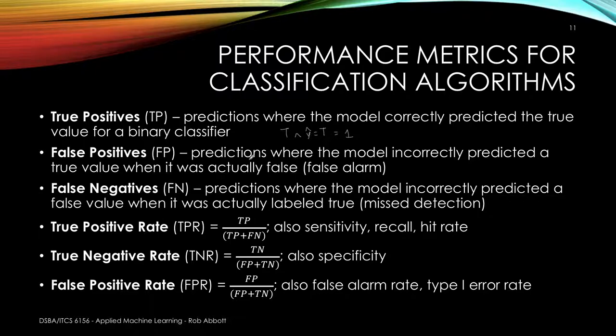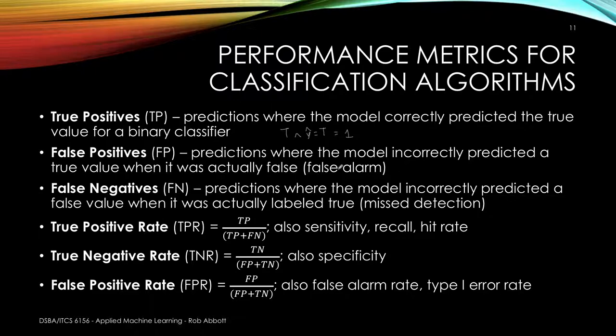False positives are predictions where the model incorrectly predicted something to be true when in fact it was actually false, if you look at the labels assigned to the data by the experts. So in the case of a false positive, I overstate a particular case.